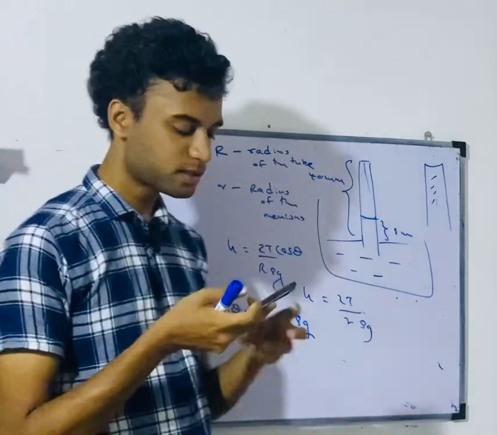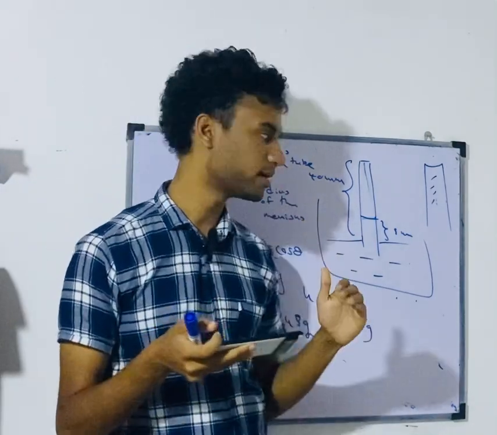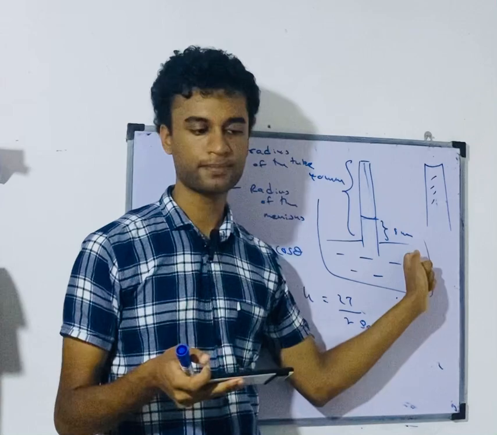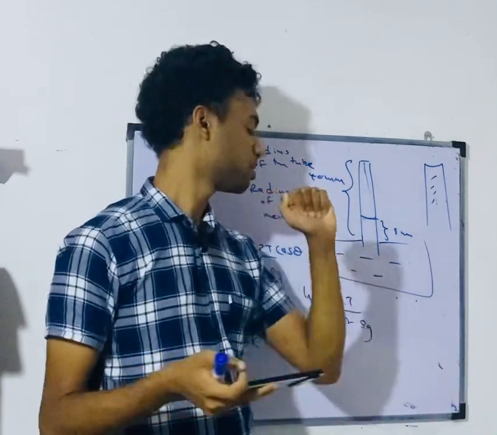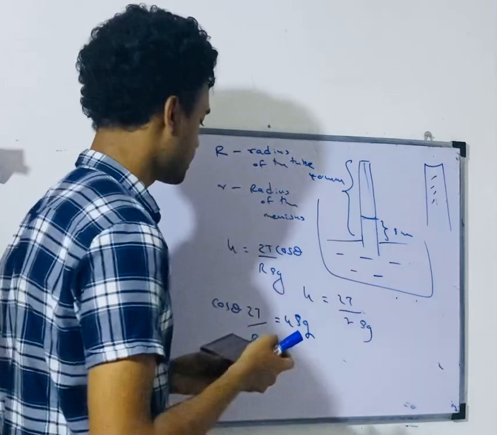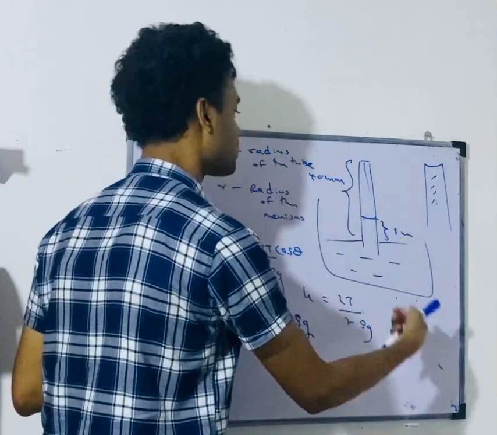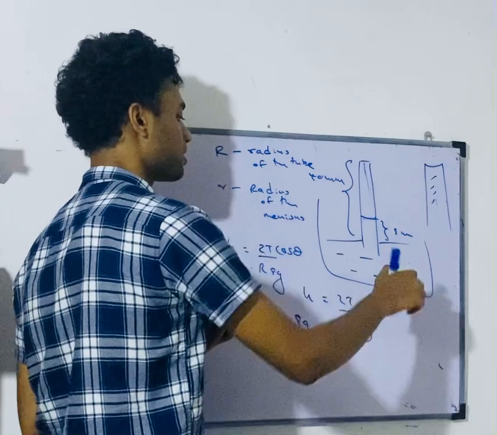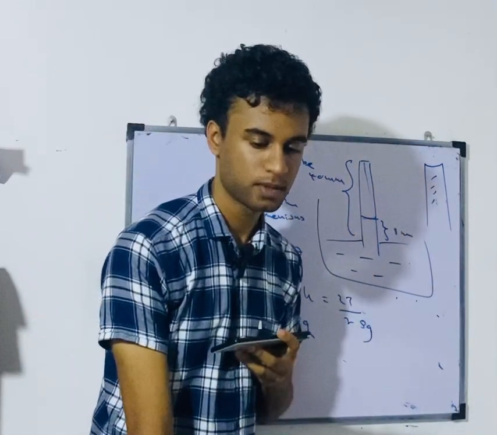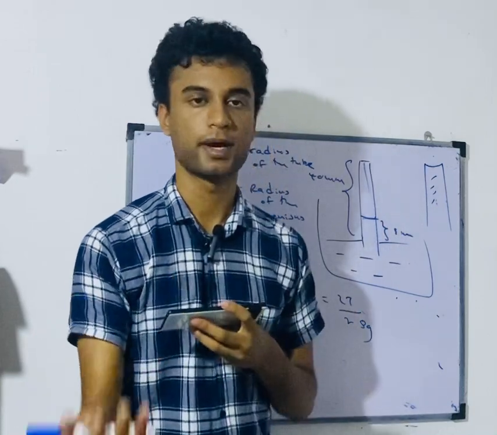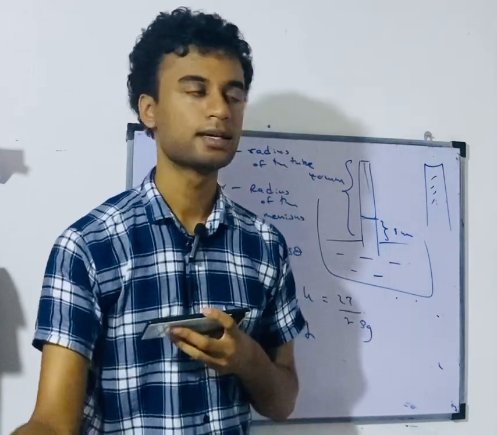Now under gravity, what is the height that it has climbed? 8 millimeters. But now I'm going to make the acceleration equal to half of the gravity. Gravity was 10. Now I'm going down with an acceleration of 5 m/s², then the resultant acceleration is 10 minus 5, which is 5 m/s².